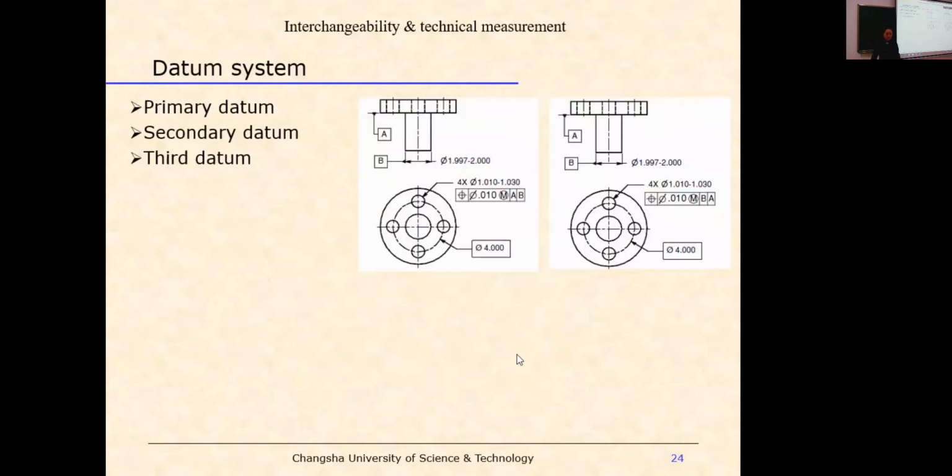Like this one, the datum system. The primary is this datum. This is a symbol, right? It's a position, right? So this is A, B. This is the primary datum and secondary datum, and also sometimes a third datum.